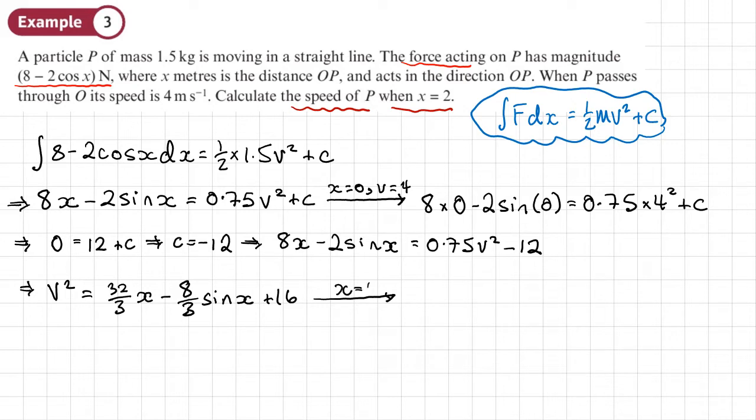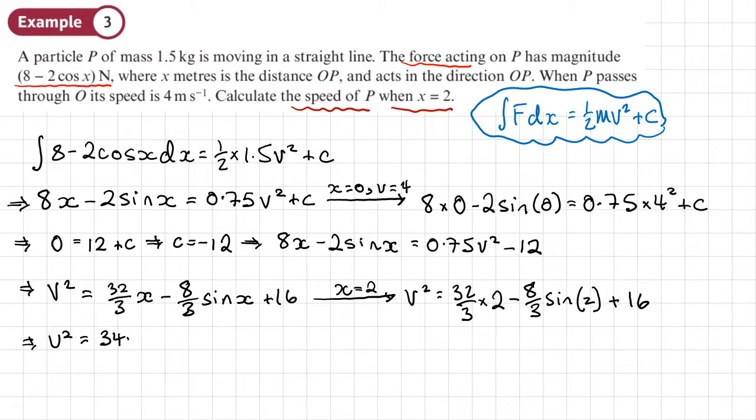and then v. So v squared is going to be 32 over 3 times by 2 minus 8 over 3 sine 2, and remember we'll be in radians, plus 16. Working out on our calculator, we get v squared is equal to 34.9085 and so on.